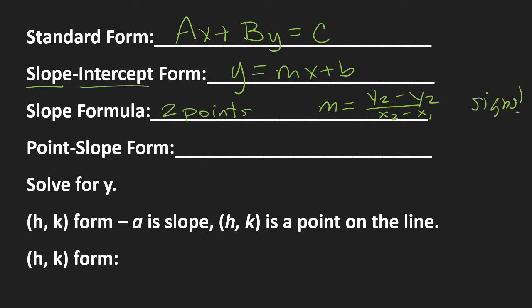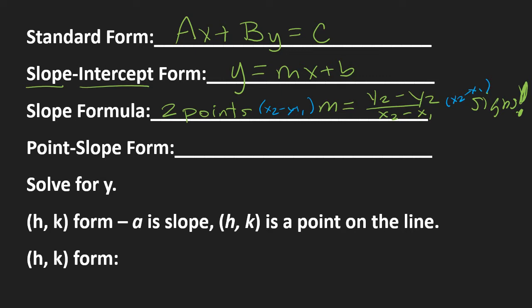If there's a consistent mistake that students make year after year after year, it's going to be signs. You can take the slope formula and multiply each side by x2 minus x1, and that's really where the point slope formula comes from.